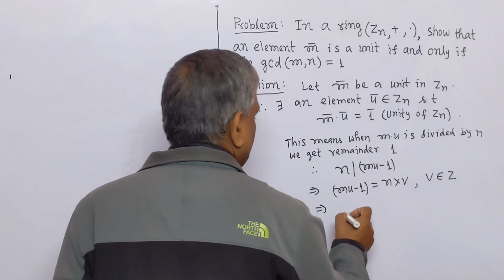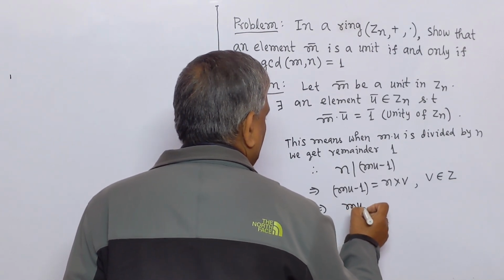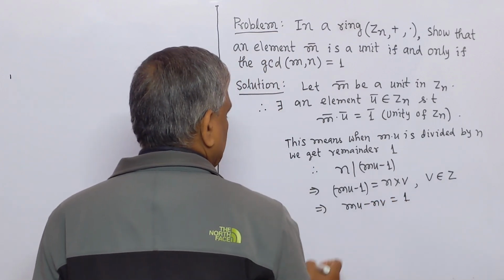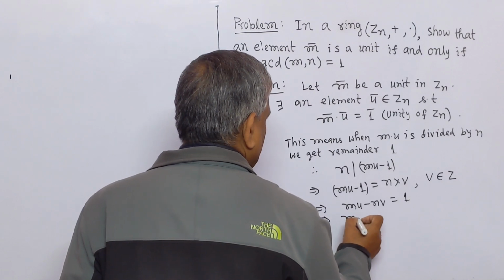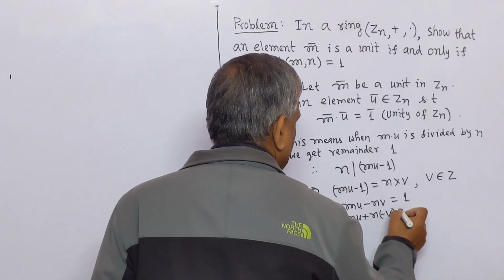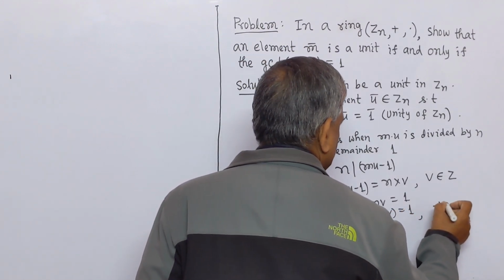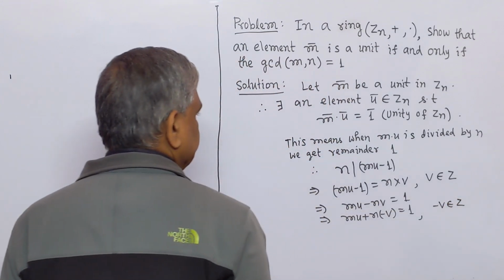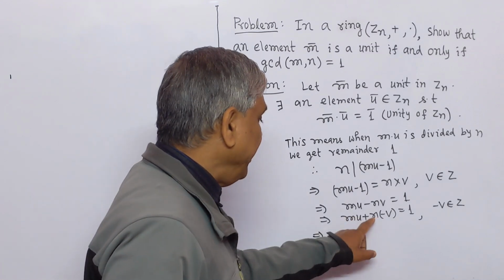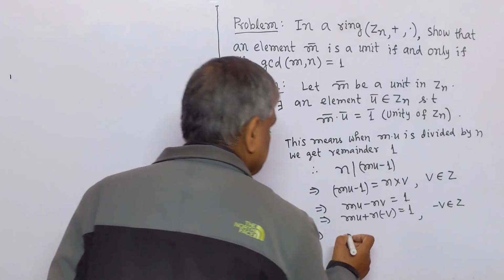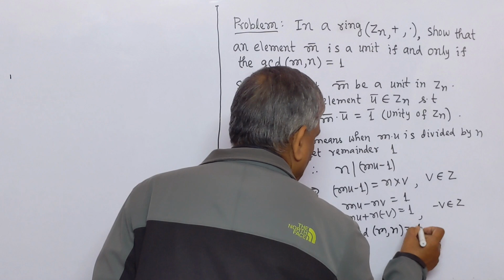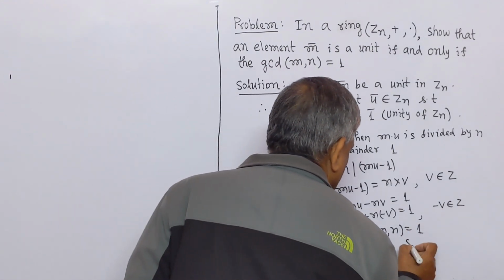This implies that mu minus nv equal to 1, which implies that mu plus n times minus v equal to 1, minus v belongs to Z. This means GCD of m and n is 1. So this part proved.